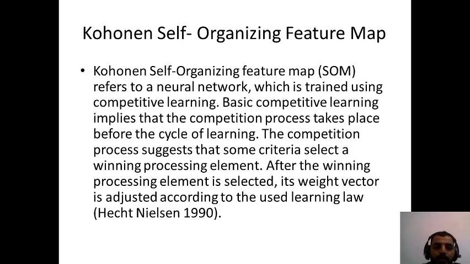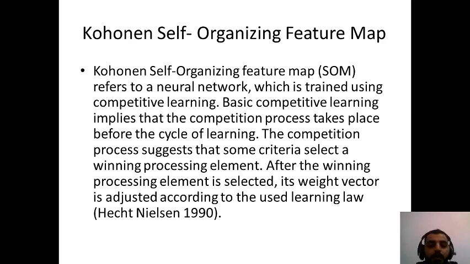The second topic is the Kohonen self-organizing feature map. The Kohonen self-organizing feature map, or SOM, refers to a neural network which is trained using competitive learning. Basic competitive learning implies a competition process that takes place before the cycle of learning.